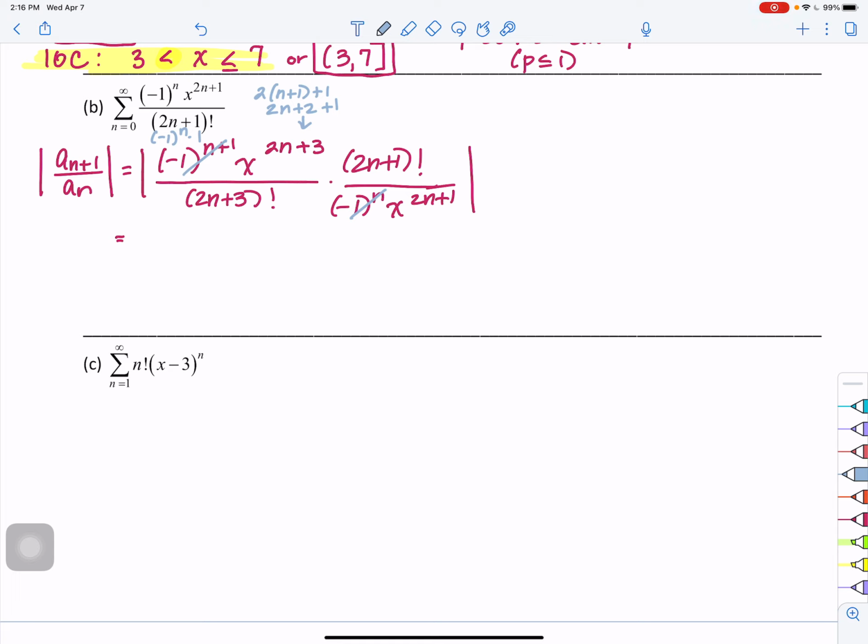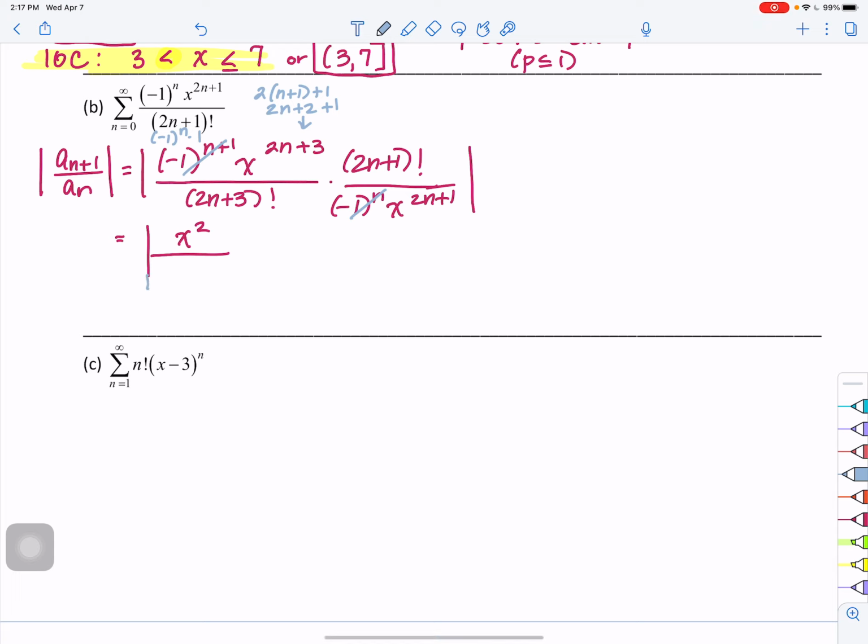So there's just a 1 in the numerator remaining, okay? And so what do you notice? We have an x squared remaining in the numerator. Convince yourself of that. I have 2n plus 3 in the numerator and 2n plus 1 in the denominator. So if you subtract those, you'll be left with 2, x squared.